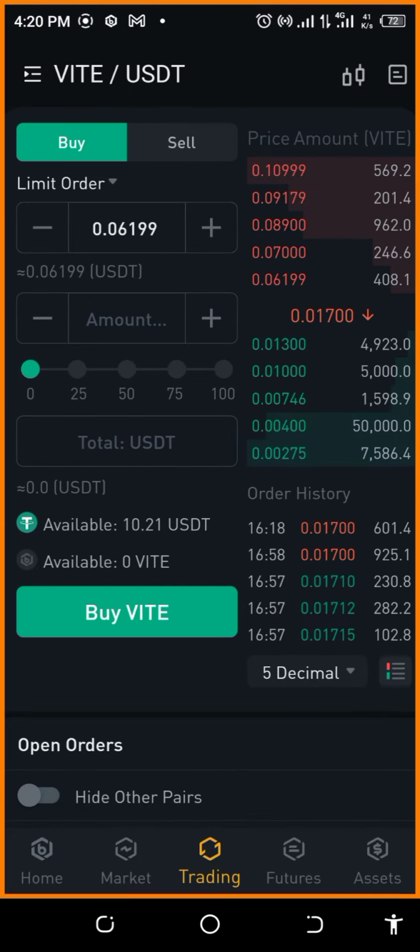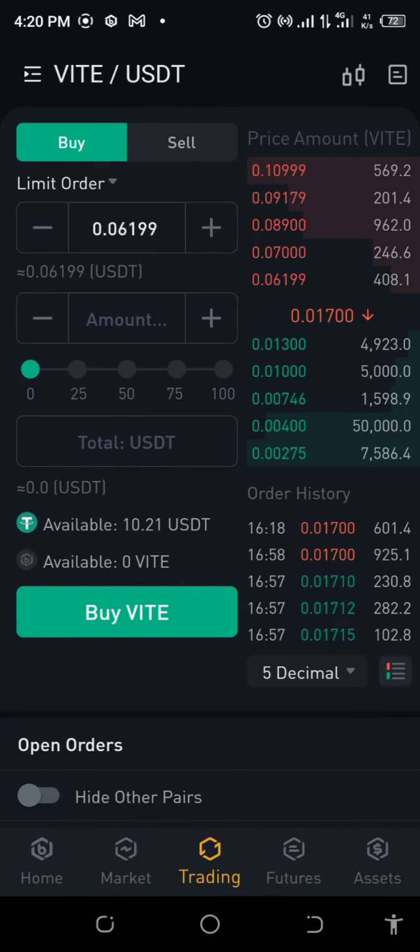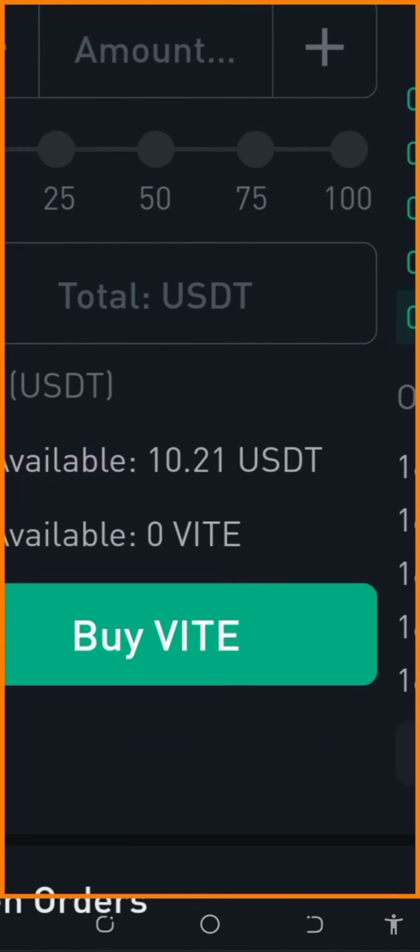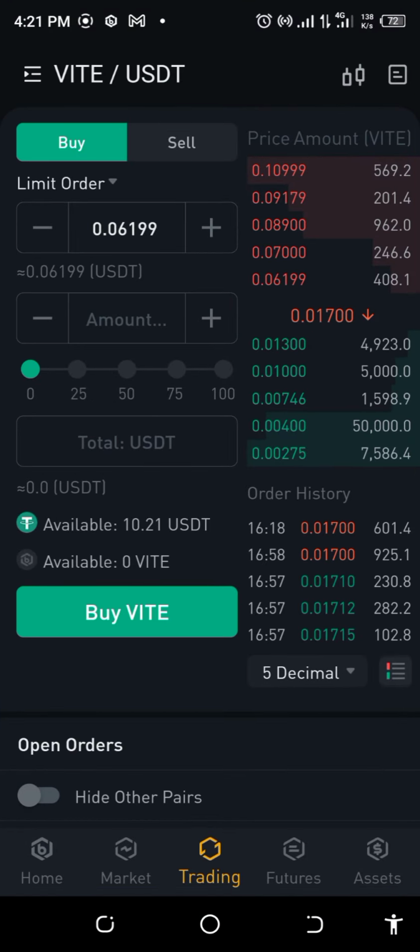That's the reason we were able to get this sold immediately. But if not, we'd just have sold that portion and then be waiting for God knows how long before we sell the remaining part. So now, as we can see, it's already 10.21. We've made profit with this. And then we'll be looking for another opportunity to get this back into Binance.